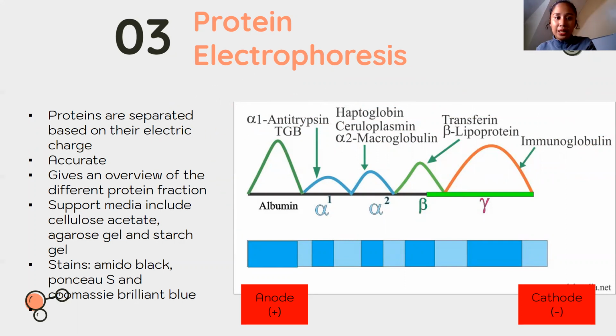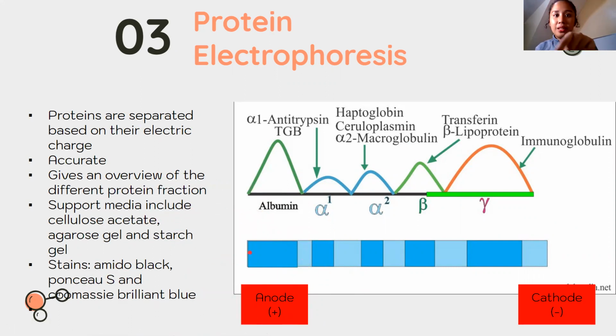So the concept here is that we could separate the different protein fractions by electrical charge. Those which are negatively charged would migrate to the anode the fastest. So the anode is the positive electric charge pole.